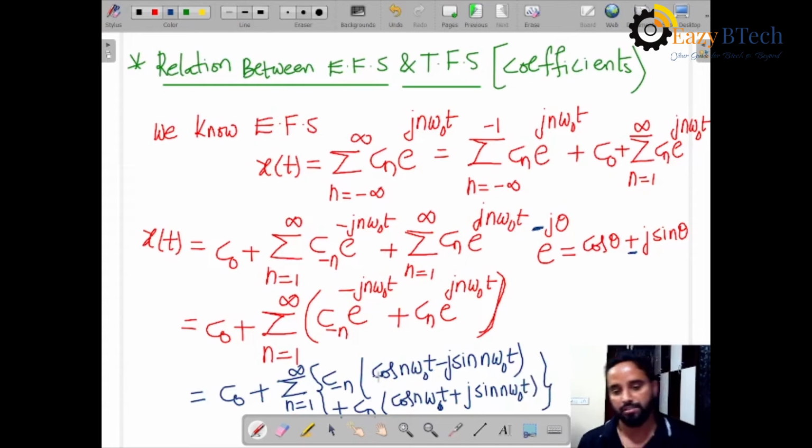Close the bracket. So e power j theta I am writing as cos theta plus j sin theta. What I am going to do is, here we have cos n omega naught t common, and similarly sin function common. That is the next step we are going to do.